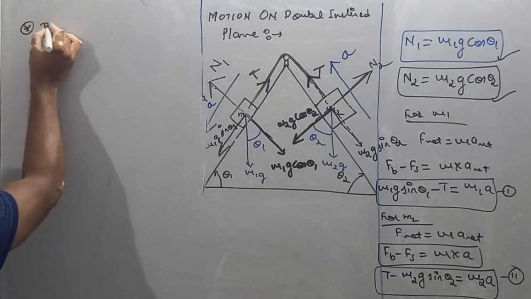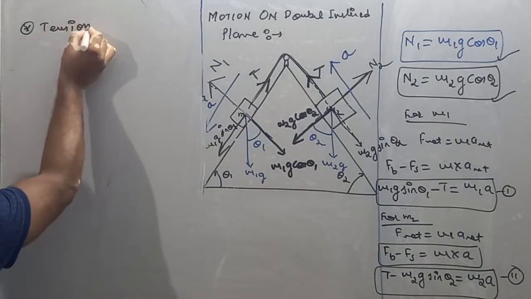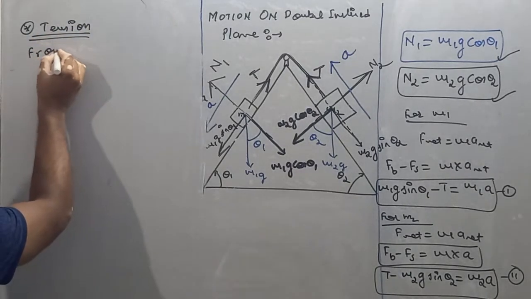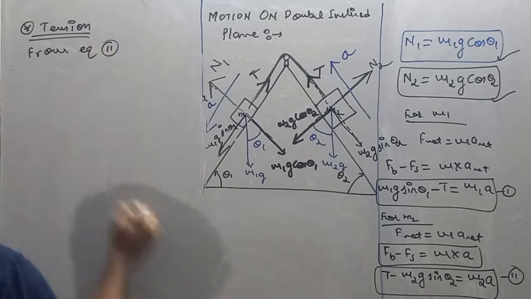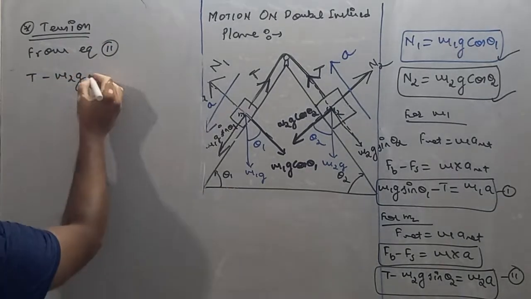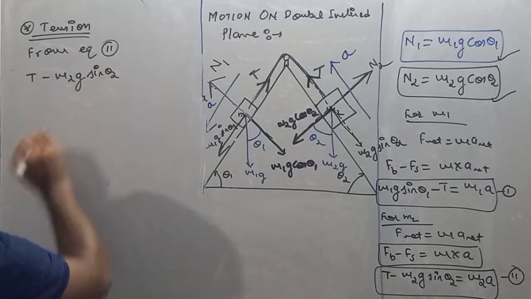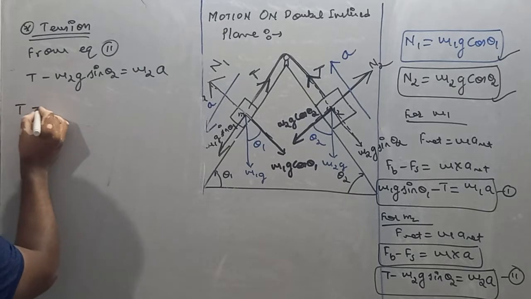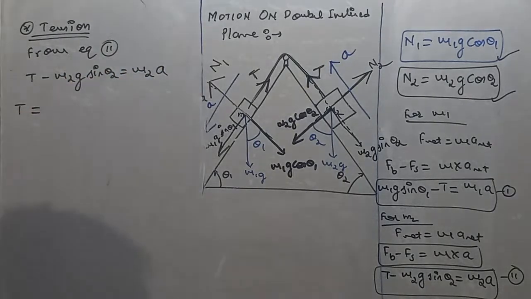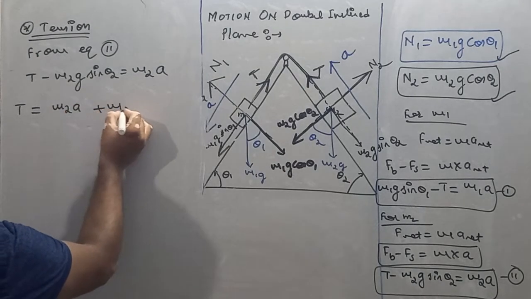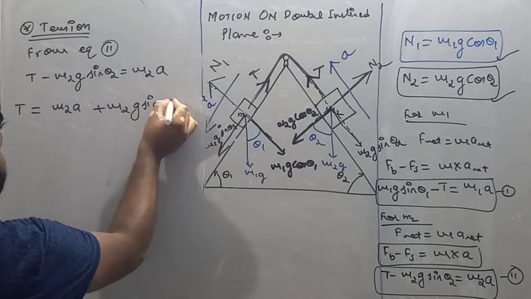So write down the value of tension. By the second equation of motion, from equation 2, T minus m2g sine theta 2 is equal to m2a. So T is equal to m2a plus m2g sine theta 2, as m2g sine theta 2 comes to this side.